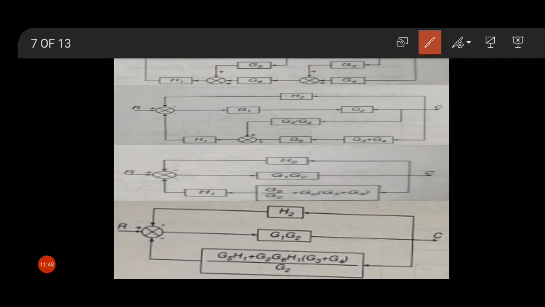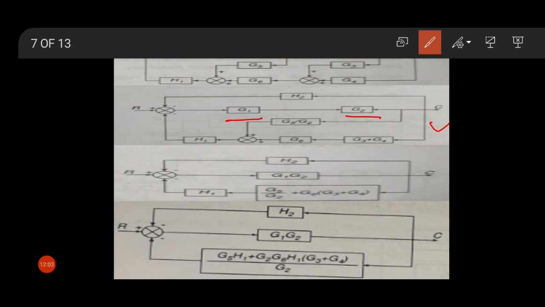After shifting the takeoff point and combining the parallel blocks, we get this structure, this second one. Now you have seen G1 and G2. This G1 and G2 are connected in series.